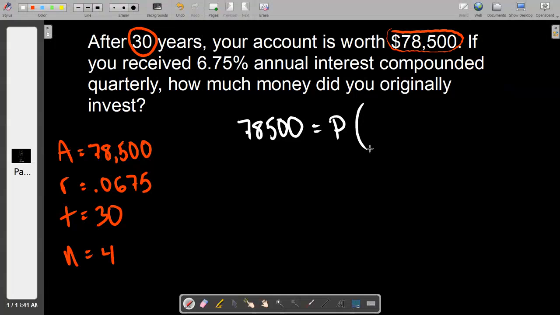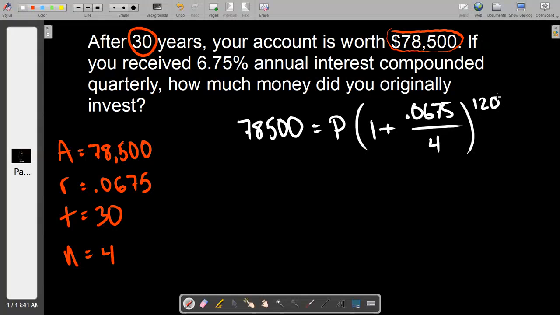That's how math works. And then we're going to put 1 plus, and what's going to go on top of my little fraction? Divided by, to the power of? Thank you, 120. Good. 30 years, 4 times per year, 4 times 30 is 120.